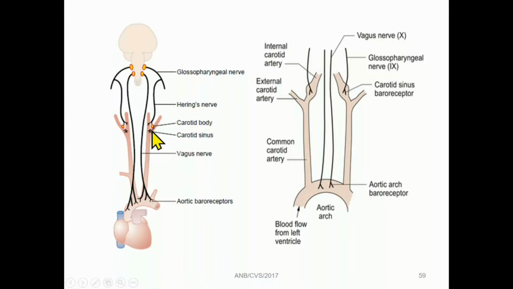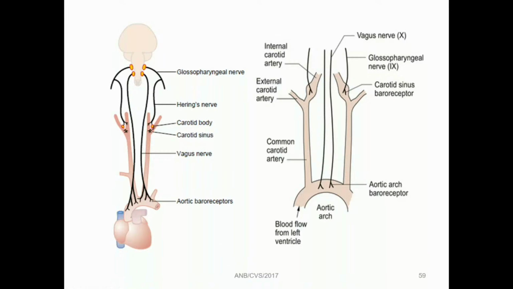Now, all these baroreceptors are sensitive to pressure change. They are not sensitive to constant blood pressure; they are more sensitive to the pulsatile, changing nature of the blood pressure. Now, how are they innervated?